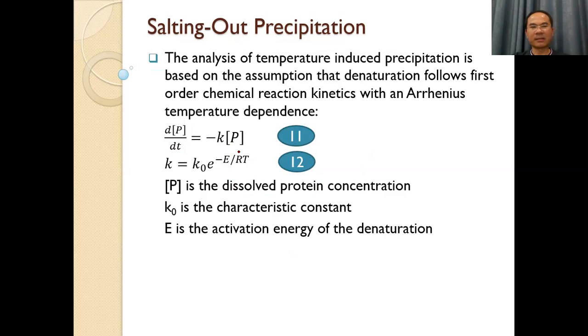K is the constant, its characteristic constant. E is the activation energy for denaturation, that is, the degradation of the protein. It depends on temperature, and we can express it in terms of a first order kinetic equation, like this equation.